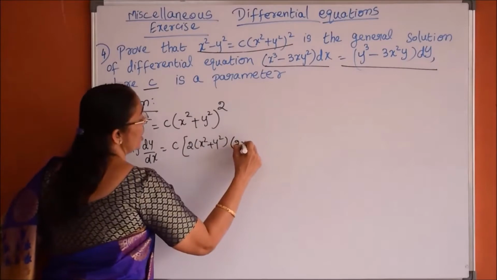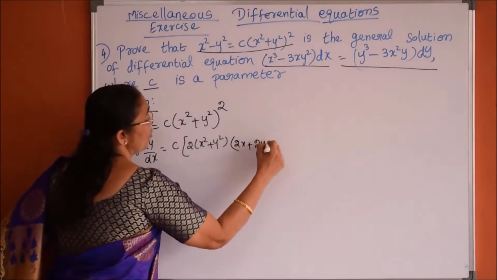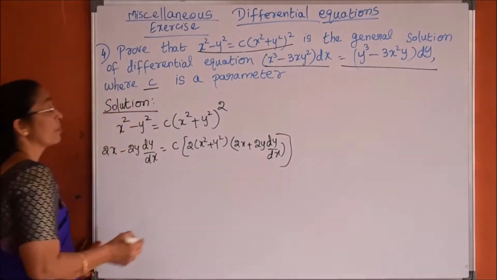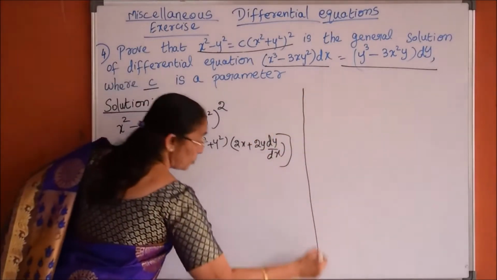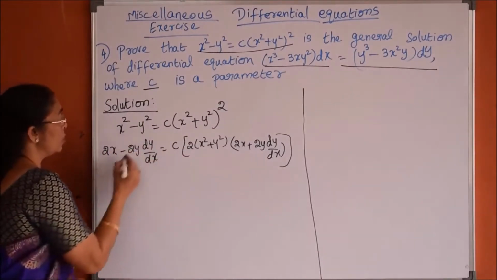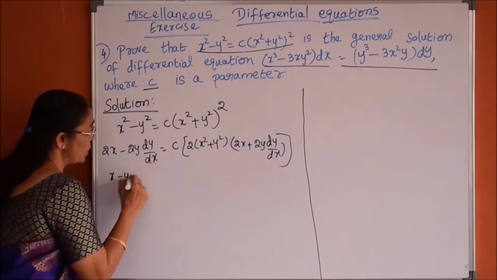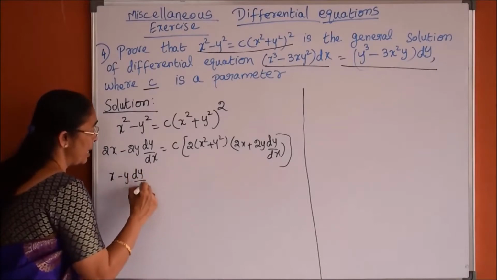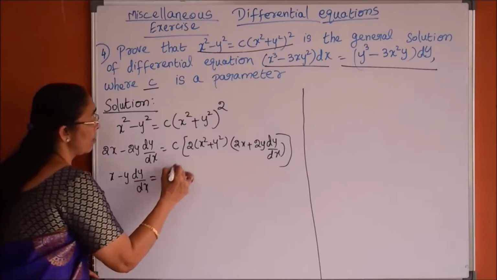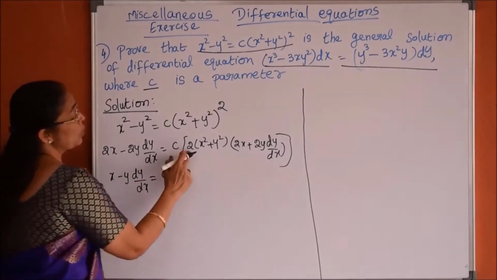Differentiation of x square is 2x and differentiation of y square is 2y into dy by dx. Here 2 is common, so on both sides we can cancel 2. So, we will get (x minus y) into dy by dx is equal to c into, this 2 we cancelled.